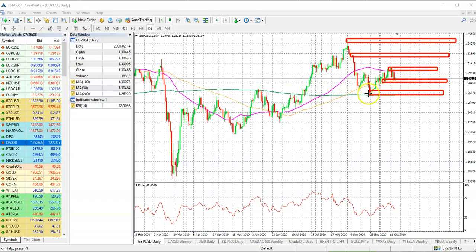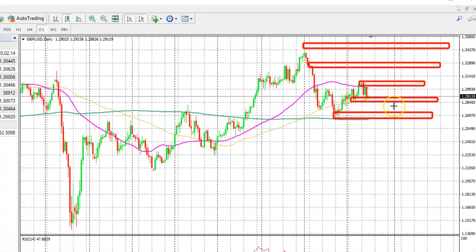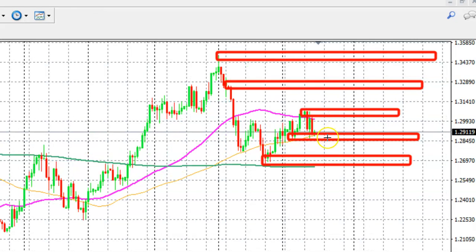All in all, to summarize again, the focus right now for the price remains between the 100 and 50-day moving average. If price bounces back to the upside, then this is your resistance area. In terms of your risk to reward ratio, this is your risk number 1, and your reward is going to be 2 to 1.